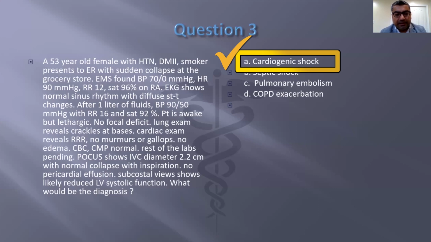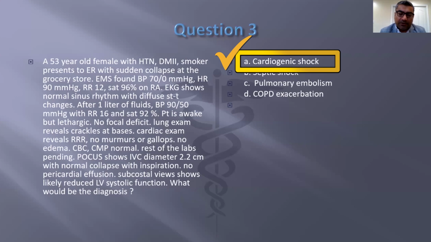The IVC is big, and when you have those classic high-risk factors for CAD, hypertension, diabetes, smoker, 53-year-old female, you likely have cardiogenic shock. I would say a low EF by subcostal POCUS mostly means a low EF by full echo. Septic shock is probably not the answer.